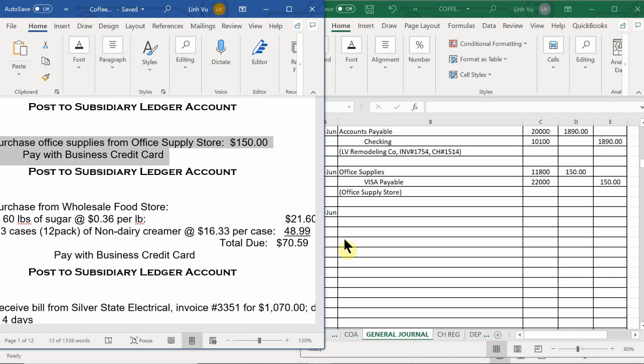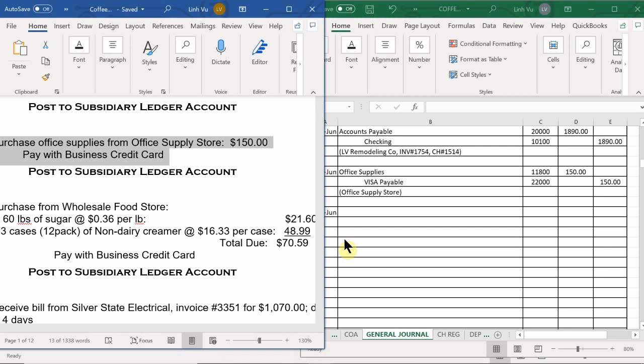Help me out here. If I bought sugar and I bought creamer, do I own those items? Yes. If I own those items, do I have specific accounts for them? Yes, you do.